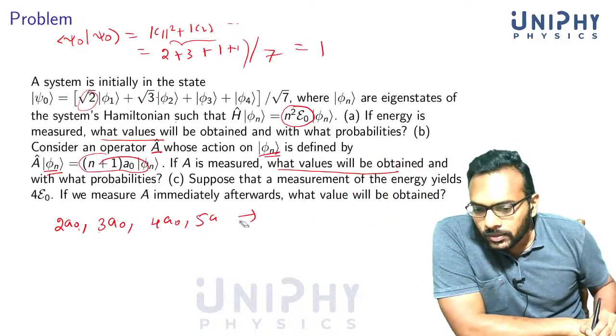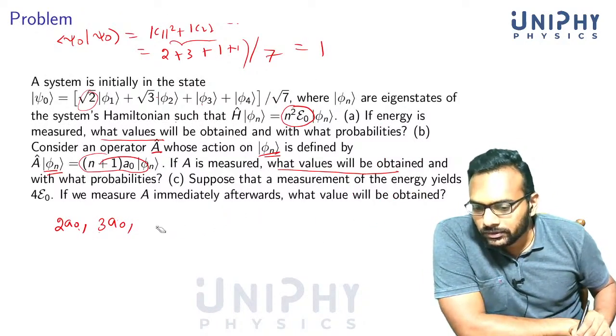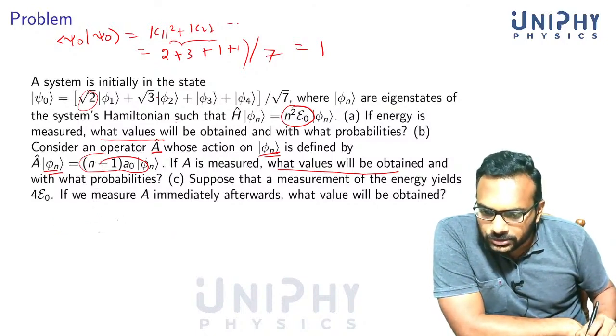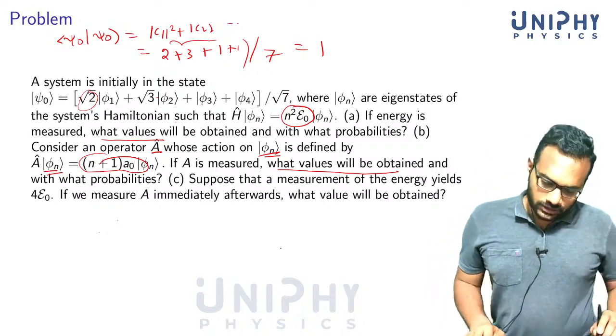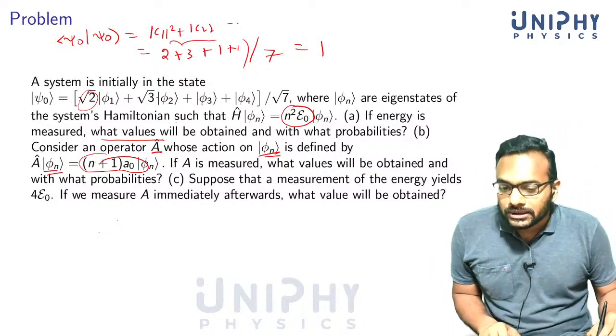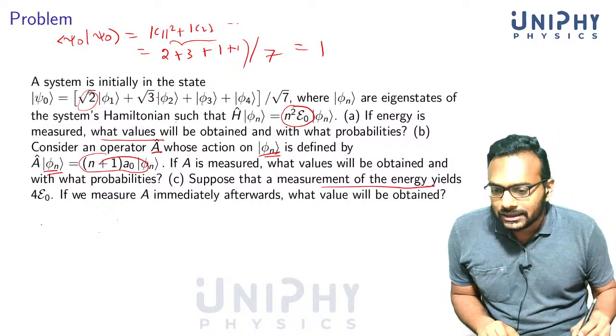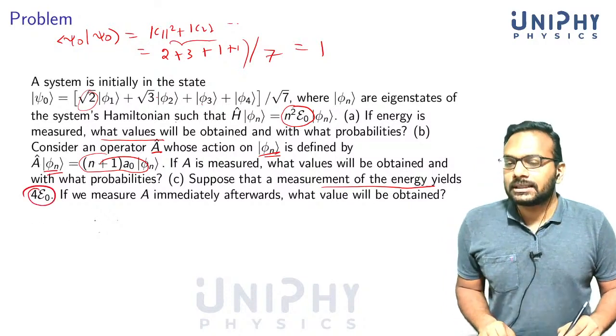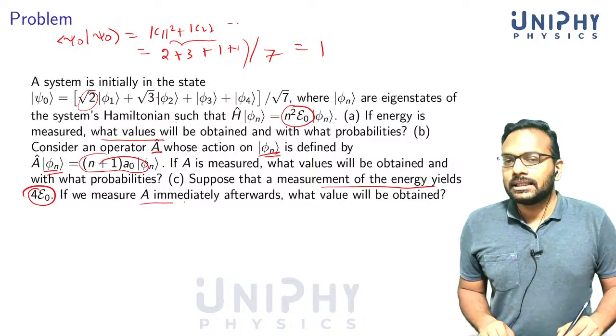Now there is another part of the question which is more interesting, which actually makes us use the postulates that we studied. Suppose that a measurement of the energy yields epsilon 0. If we measure A immediately afterwards, what value will be obtained?